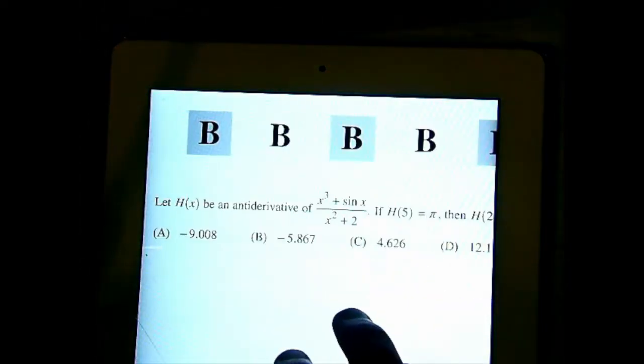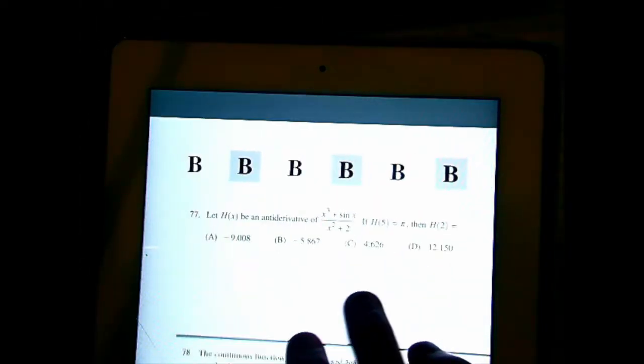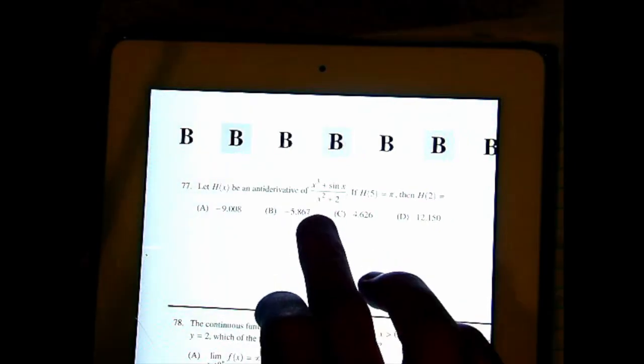Okay, looking at 77, they tell you that h of x is an antiderivative for this function.